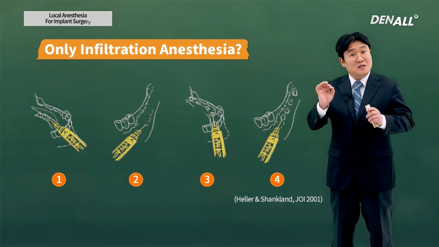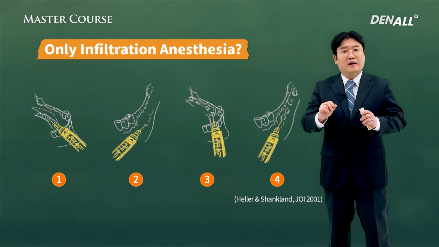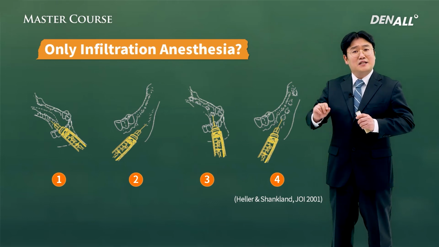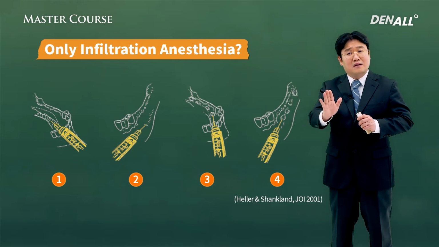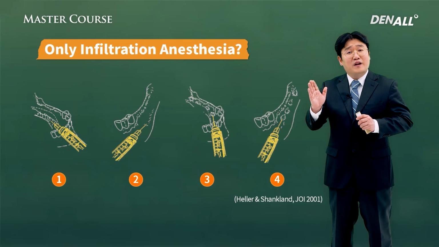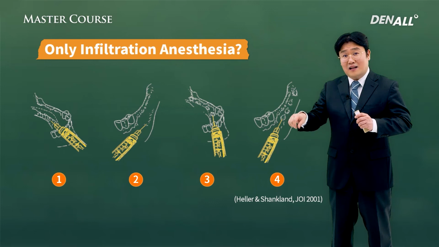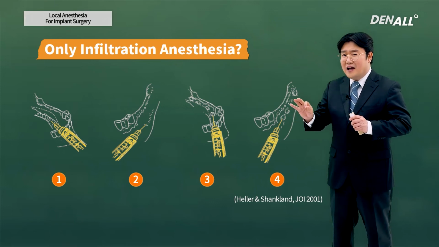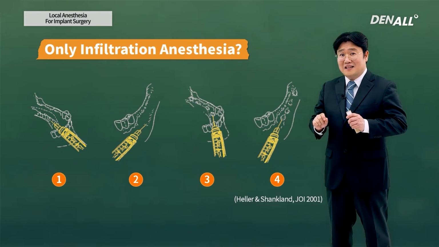First, we are concerned about direct injury. Number 2, as I briefly touched upon before, if the inferior alveolar nerve is under anesthesia, when we do the drilling or when we place an implant, we may not be aware when we approach the inferior alveolar nerve.